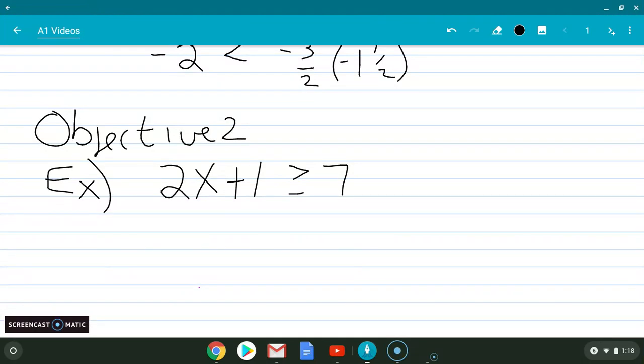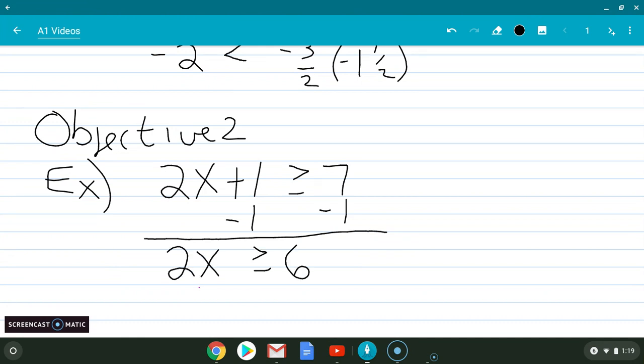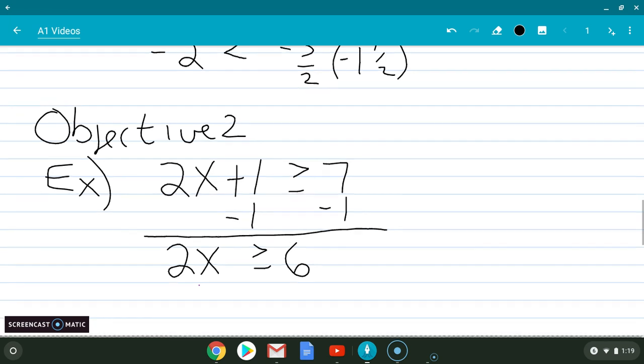Additive property of equality is also going to work for inequalities. So I'm either going to say I'm adding -1 or subtracting 1 from both sides. 2x is greater than or equal to 6, so I don't have to worry about anything with the inequality sign.